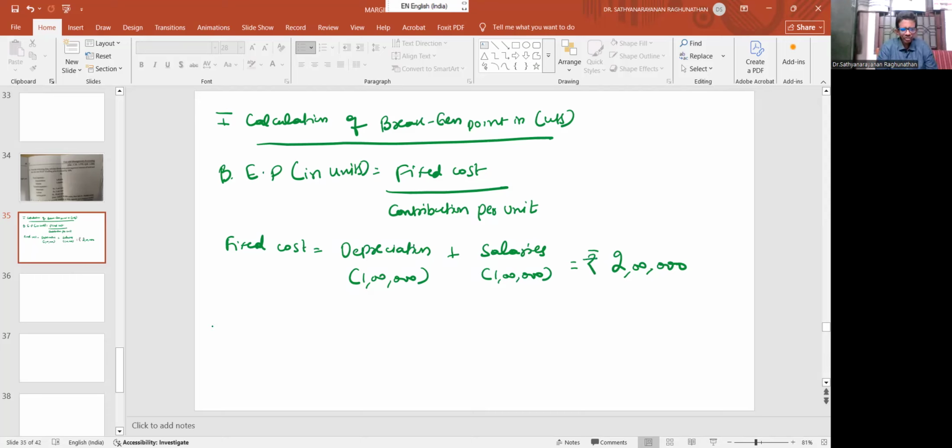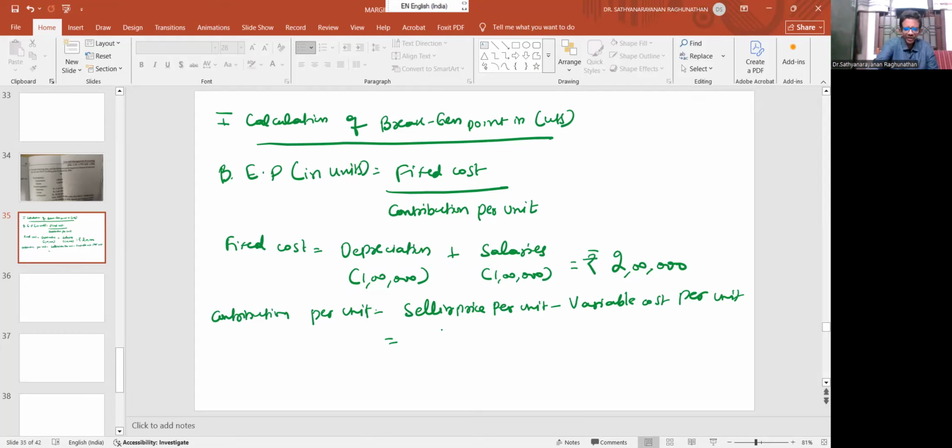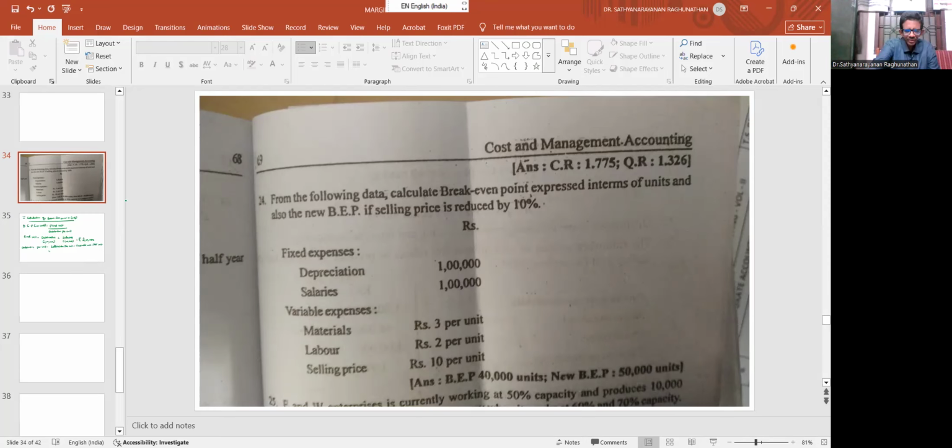Now, contribution per unit. Selling price per unit minus variable cost per unit. First you write up the formula. Now, what is the selling price per unit?